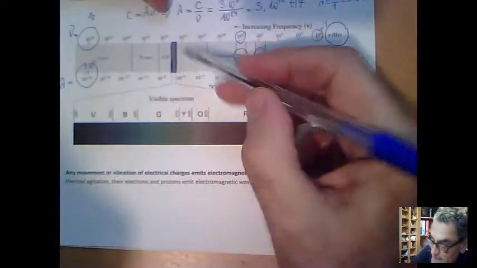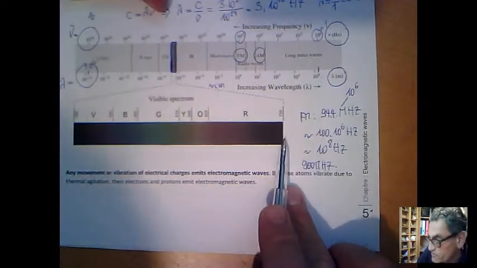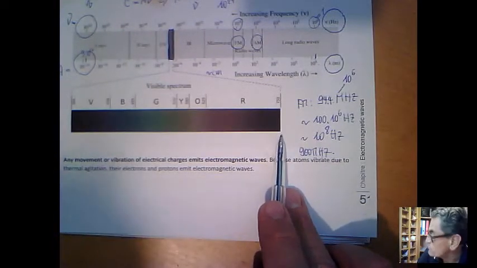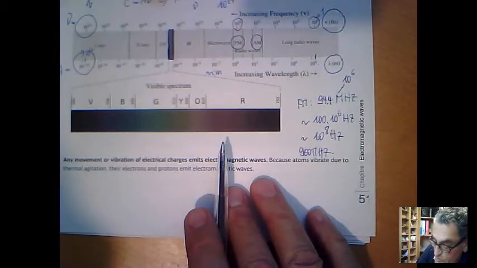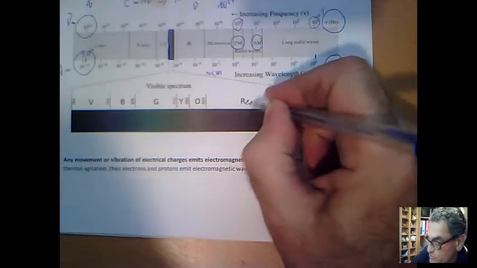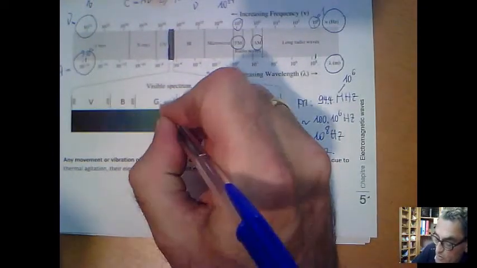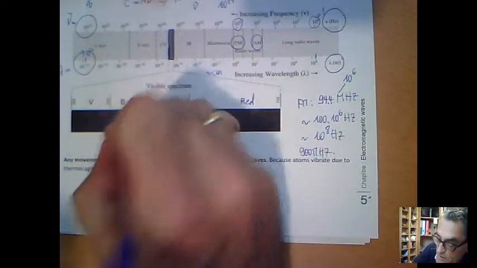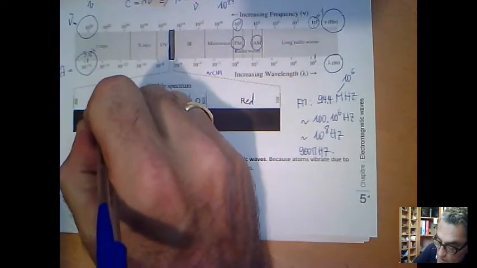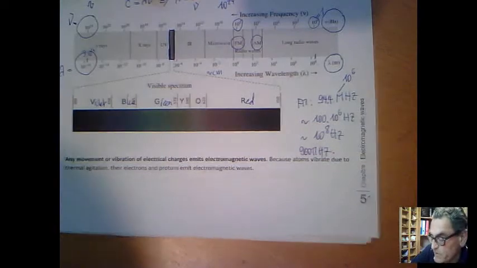Okay, and this drawing, of course, the colors are not good because my printer no longer has good colors, but you see you have the different colors, okay? So you have the red, which is here, you have orange, yellow, green, blue, and you have violet here, okay?